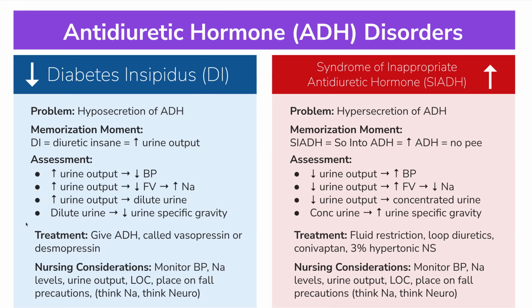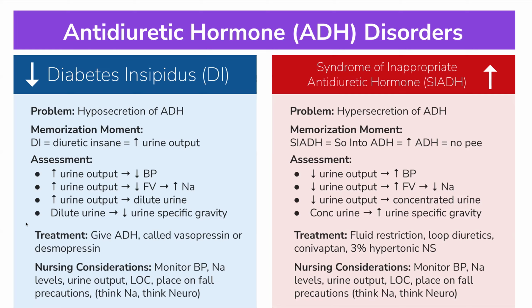With all of these diseases, whatever it messes with, that's what you're monitoring. Does that make sense? Because it drops blood pressure, you monitor the blood pressure to make sure it doesn't drop too low. Because it raises sodium levels, you monitor them, because when we mess with sodium levels, we can mess with brain function.